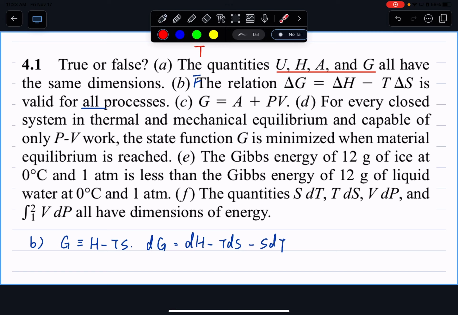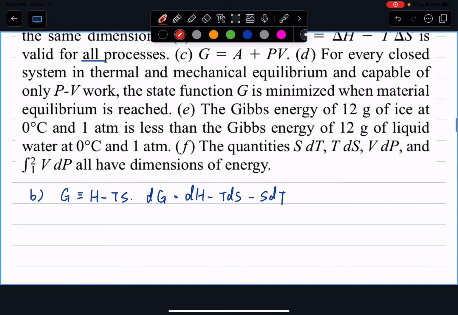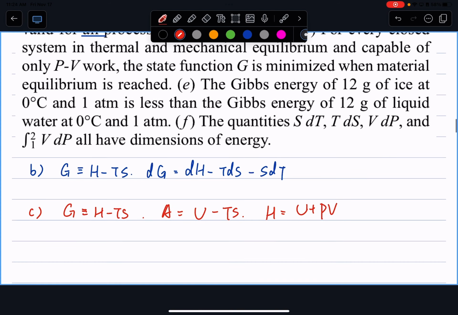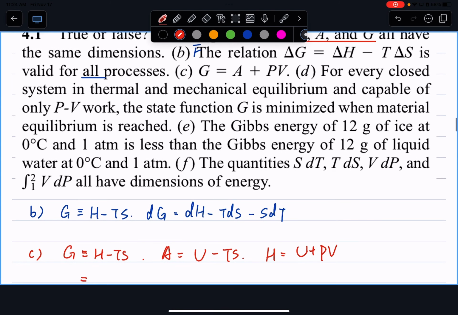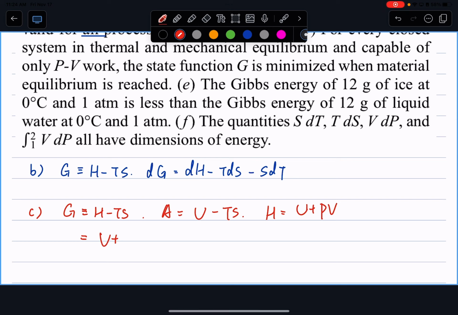All right, C, G equals A plus PV. So this one is actually true. If you think about the definition of G, G equals H minus TS. We also need A, so A is defined as U minus TS, and H equals U plus PV, and so G equals U plus PV minus TS.